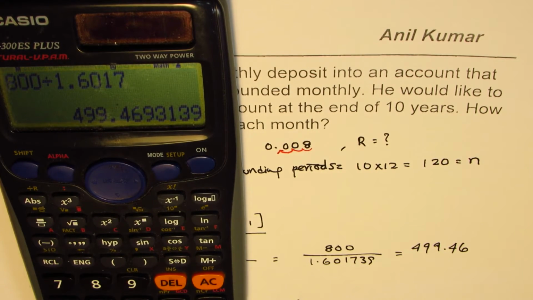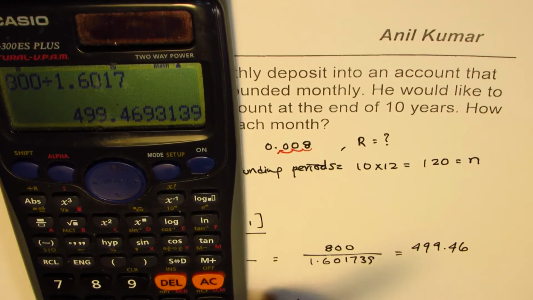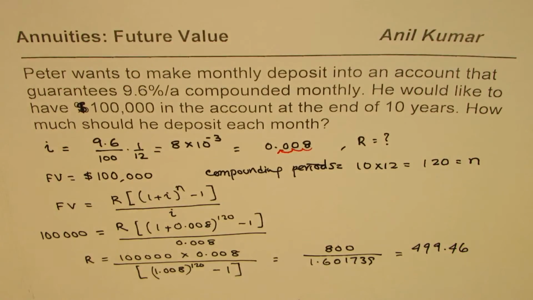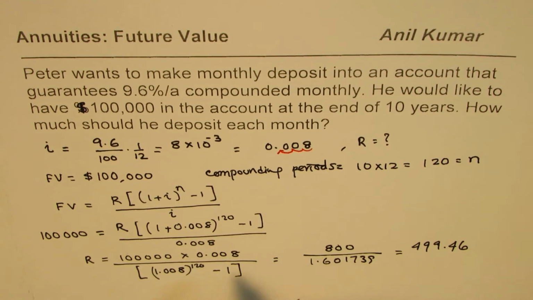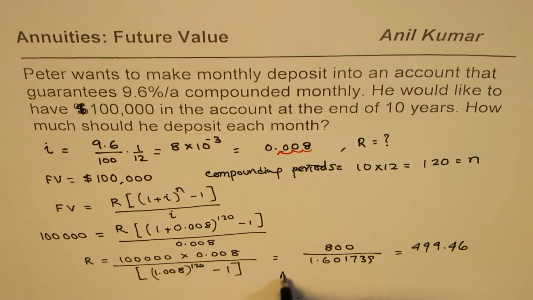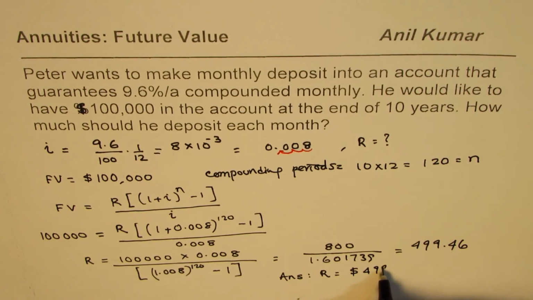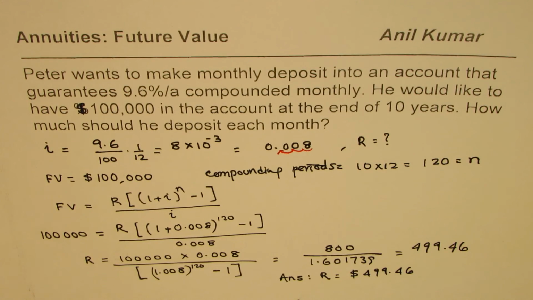This is very close, it's okay. At times you may round to 4 or 5 digits and then calculate. But if the numbers are very high, at times it has been seen to cause more errors. In this case, it didn't. Anyway, our answer is that the regular deposits should be $499.46, right? Rounding to cents is a good idea.